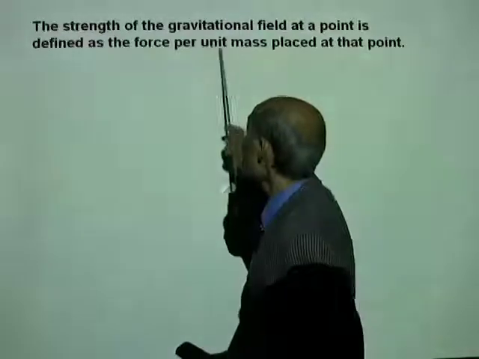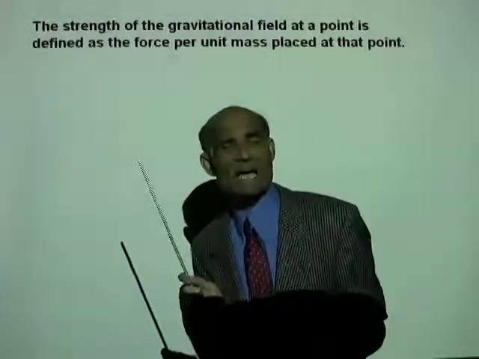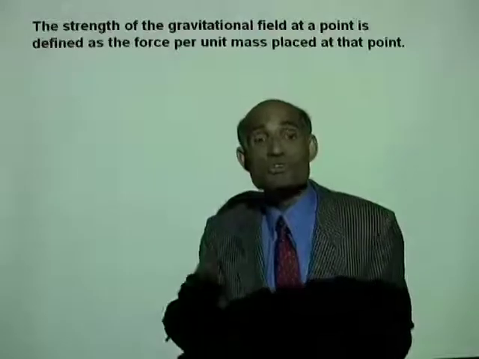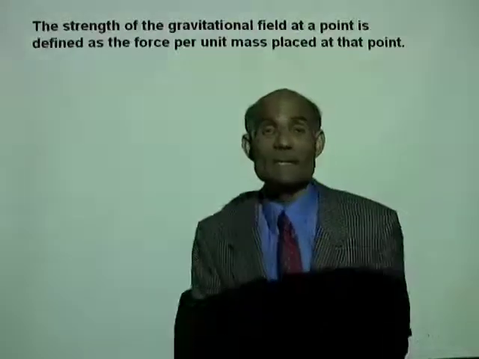It is force per unit mass, Newton per meter. Let's write that down and see what that is. The unit of the gravitational field is Newton per meter. Now, do you know what a Newton is?